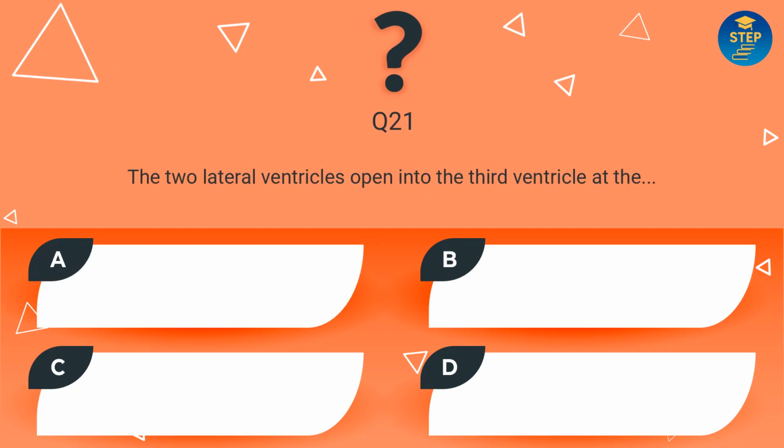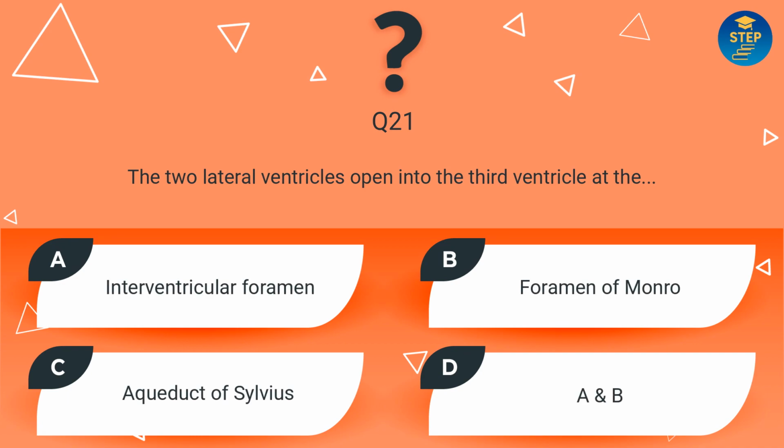The two lateral ventricles open into the third ventricle at the interventricular foramen of Monro, aqueduct of Sylvius, A and B. Answer is A and B.